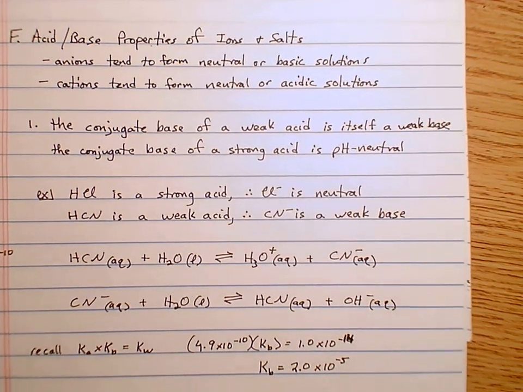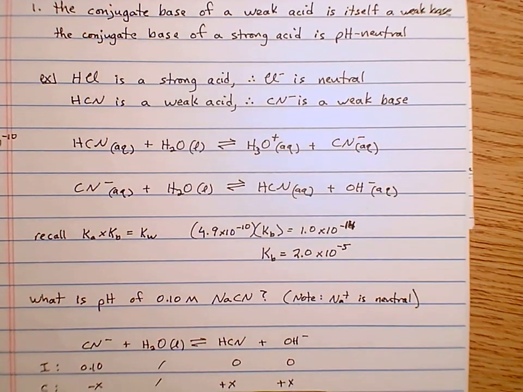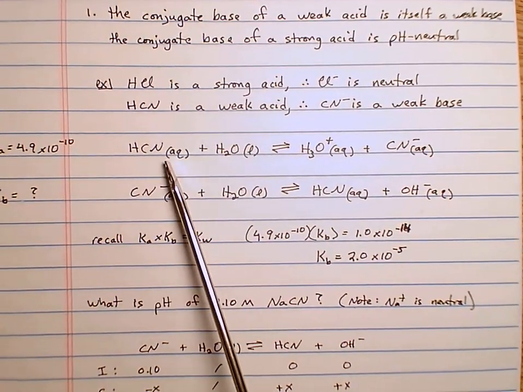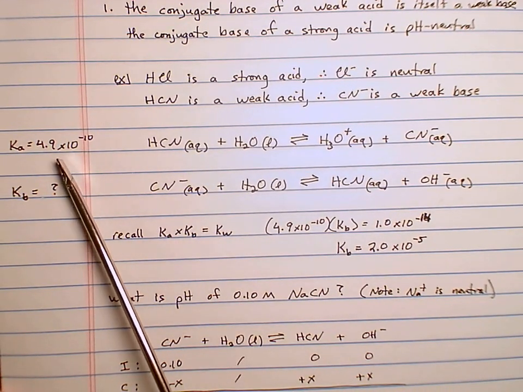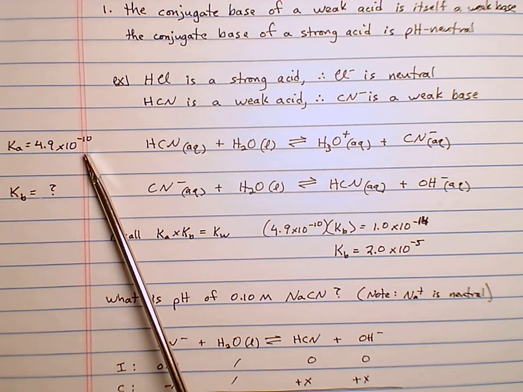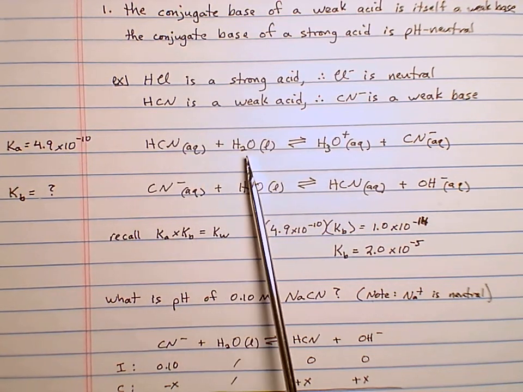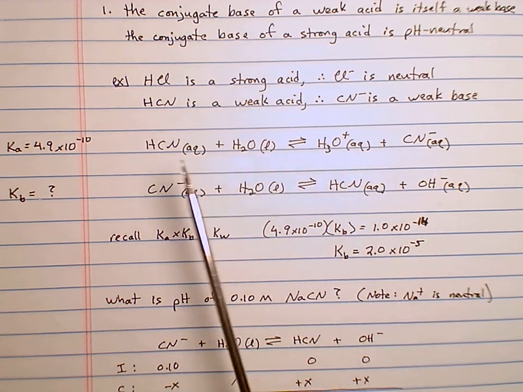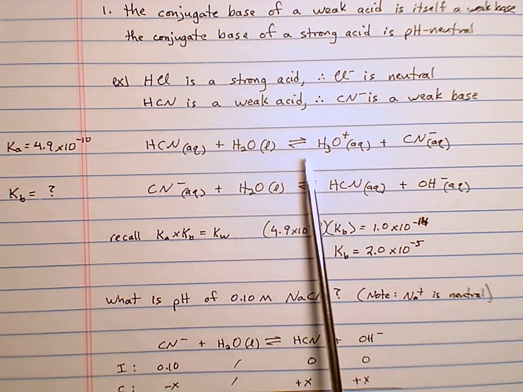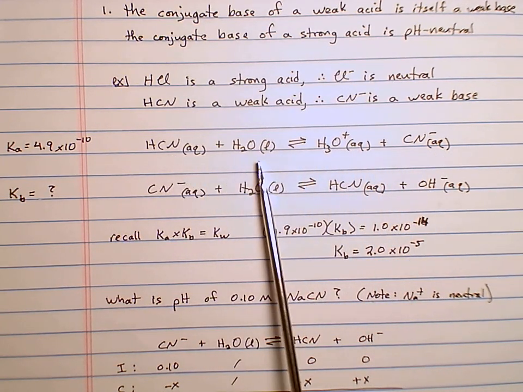All right, and so here we can see there are equations where if we look at HCN, which has a Ka value of 4.9 times 10 to the minus 10, HCN plus H2O goes to H3O plus and CN minus. Just the dissociation of HCN in aqueous solution.